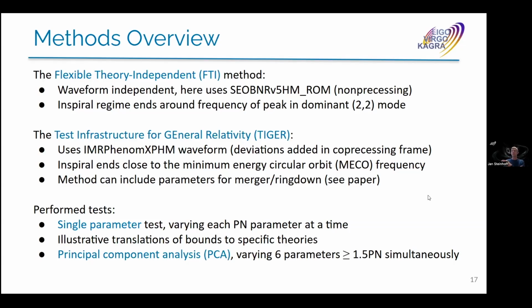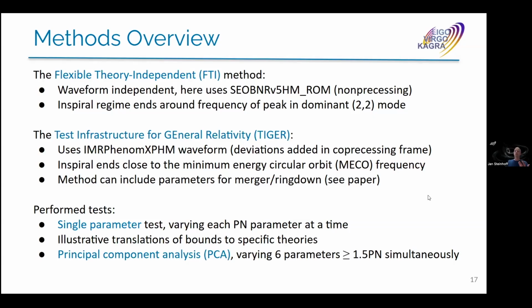The transition frequency to post-inspiral, however, cannot be tuned because that's also fixed by how the waveform is constructed, and it's close to the so-called minimum energy circular orbit frequency. Similarly, there are parameters in the waveform model with which one can tune the merger and ringdown, and based on that, one can also build a merger-ringdown test, which is reported in the paper, but we'll not discuss it in detail here.